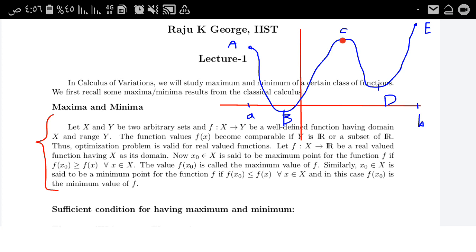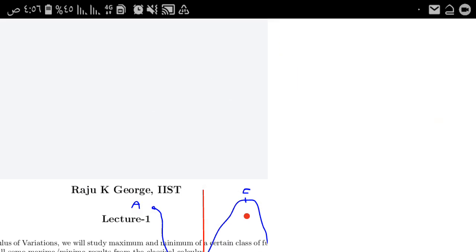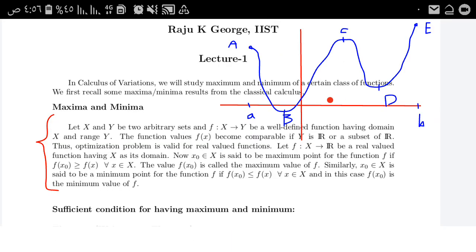Which of these points is maximum? The point E is a maximum, it's true.